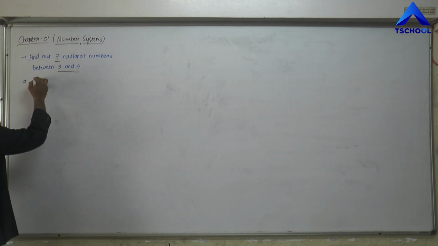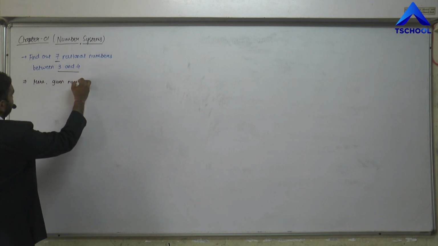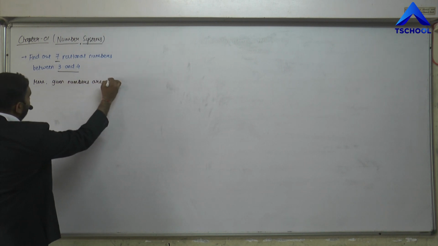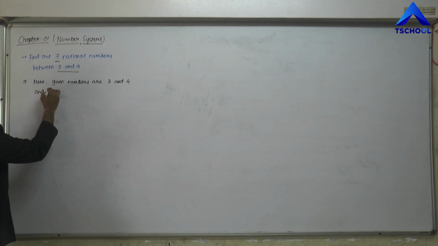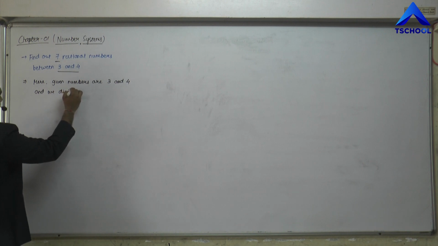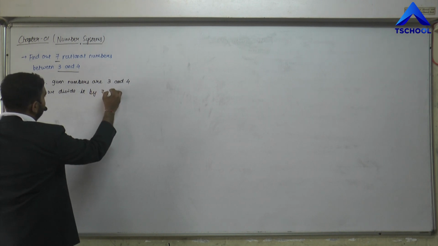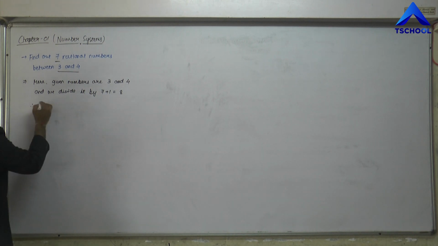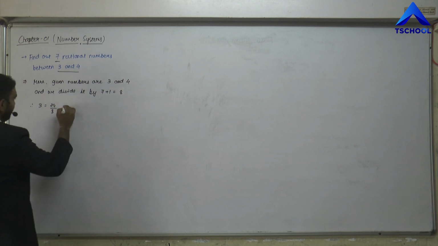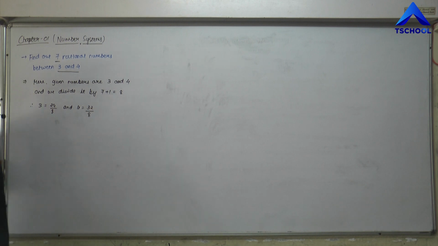First of all, the given numbers are 3 and 4 and we divide by 7 plus 1, that gives me 8, right? Therefore 3 can be written as 24 upon 8 and 4 can be written as 32 upon 8.